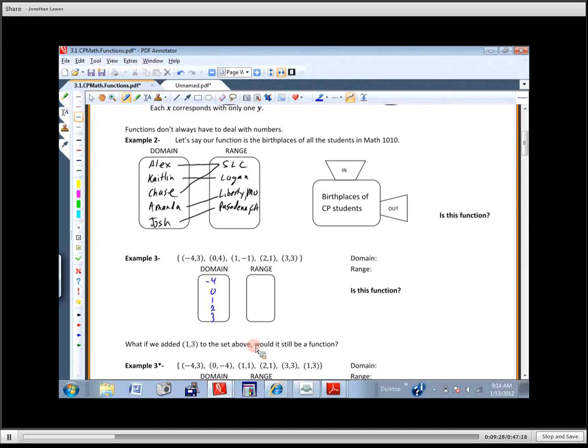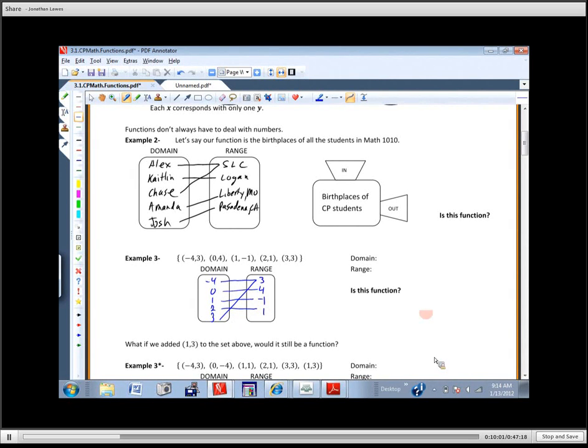So that's going to be a 3, a 4, a -1, a 1, and this last one is also a 3. I don't need to write it again, do I? Okay, so let's map these. Let's show the correspondence. -4 corresponds to 3, 0 corresponds to 4, 1 corresponds to -1, 2 corresponds to 1, and 3 corresponds to 3. Okay, is that a function? Yes.